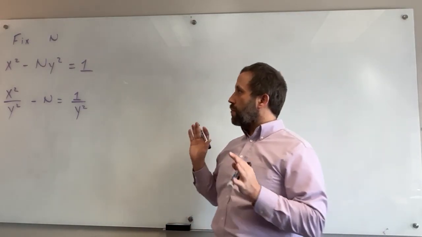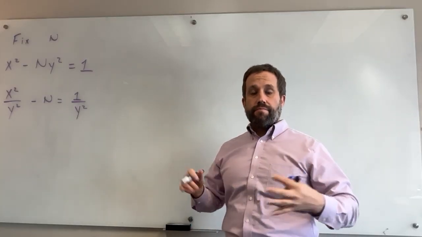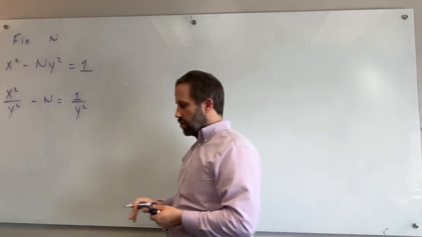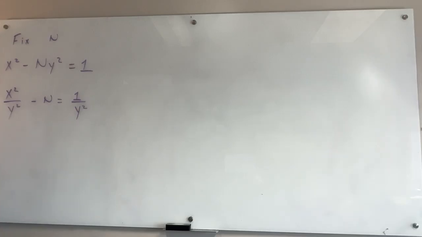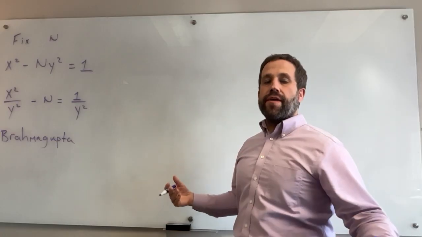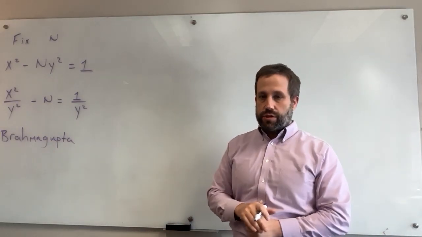Anyways, that is one motivation. I'm going to talk about the methods that were discovered. Primarily, I'm going to mention two mathematicians to find solutions. The first one is Brahmagupta. He was able to solve some of these problems for certain values of n and came up with a method that, given one solution, produces infinitely many solutions.